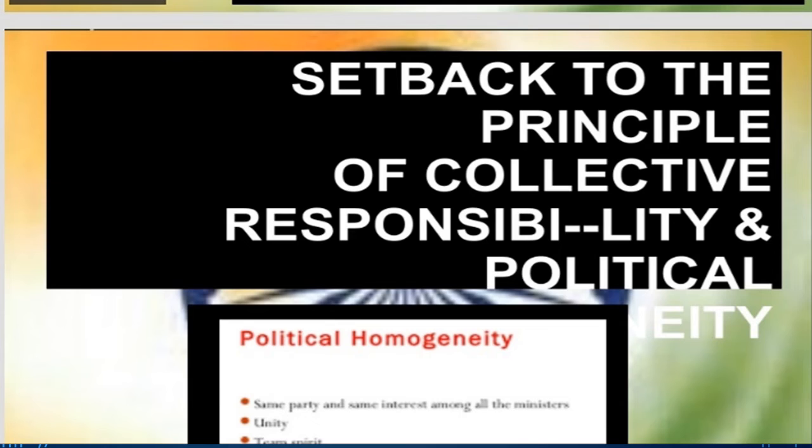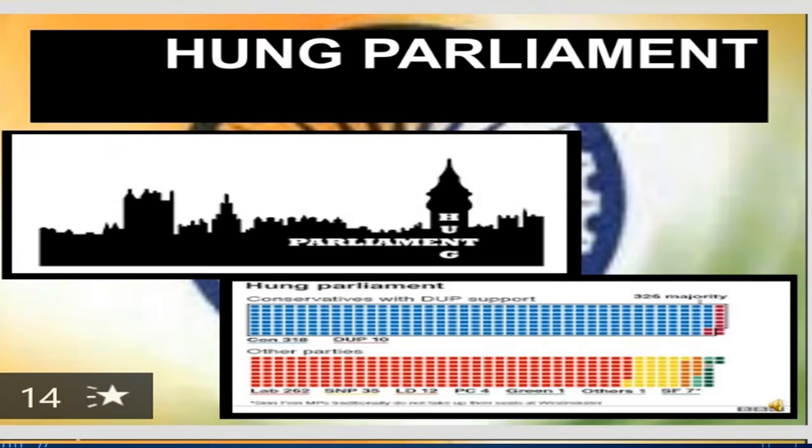In collective responsibility, we can see all the leaders, all the members of parliament, all the members of the legislative assembly are responsible and they are working like a team. But when it collapses, then we see political heterogeneity and individual persons are not taking any responsibility.